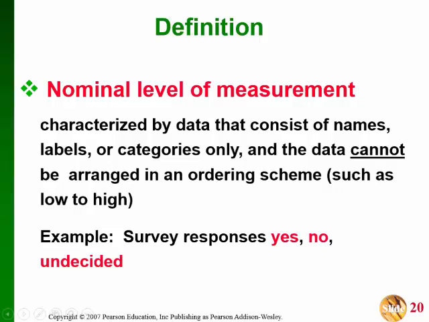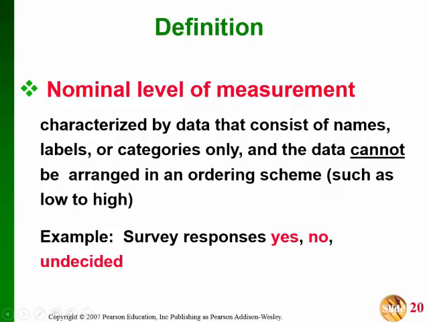So there's 4 levels of measurements that they're going to discuss here, and then after this we'll see if we can compare it to what it means in the categorical sense versus the quantitative sense, and what it means in the discrete sense and the continuous sense.